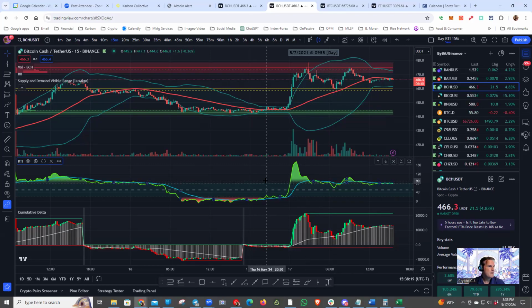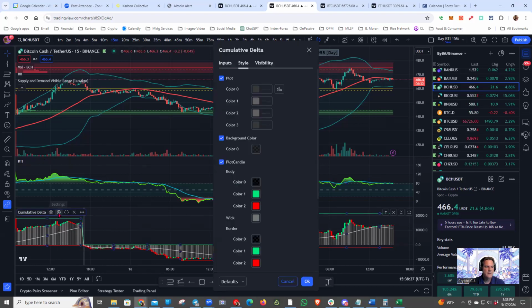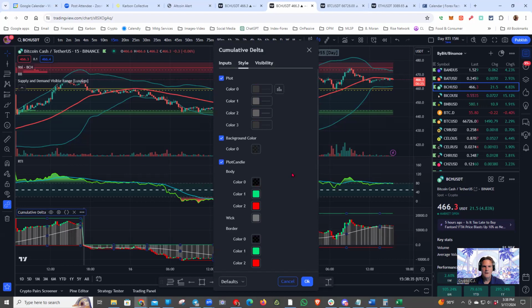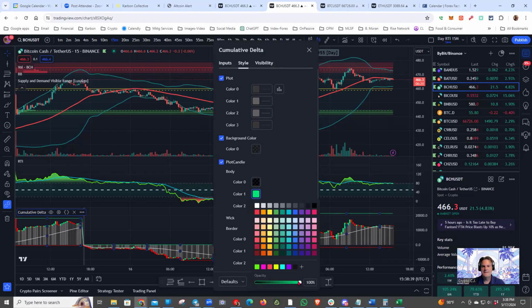And the next question, how do you get the RTI and cumulative delta color from the low to the high? And I think I just answered that, but I'll look at the cumulative delta as well. I usually make the opacity all the way.